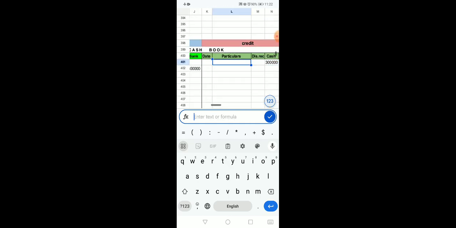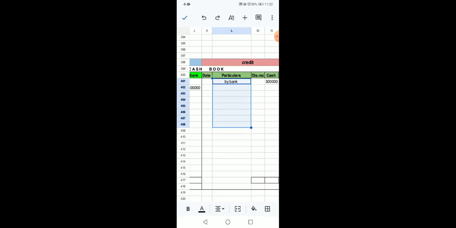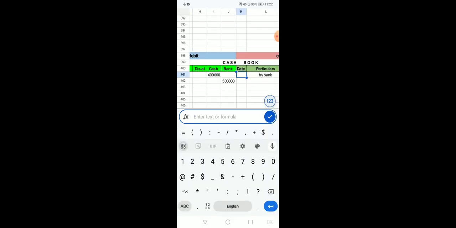On the opposite side bank is written, so you will write bank with an additional word, By. Whatever you write in particulars on the credit side, you will use the word By. Now you will mention the date. The date is 2, so you will write the date over here as 2.